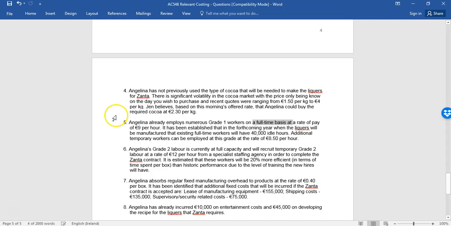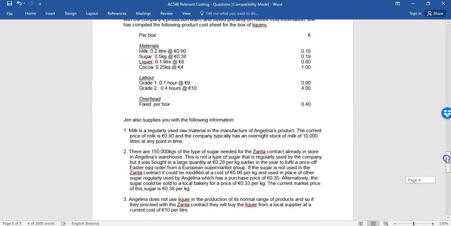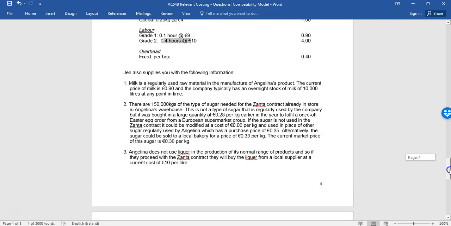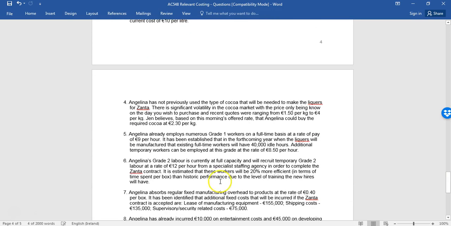And the other grade of labour is grade 2. You're told here that for grade 2, they need 0.4 of an hour at €10 an hour. So they need more labour, and it's costlier labour. And we're told here they're currently at full capacity, and you'll need to recruit them at a rate of €12 an hour from a specialist staffing agency, and that these workers will be 20% more efficient.